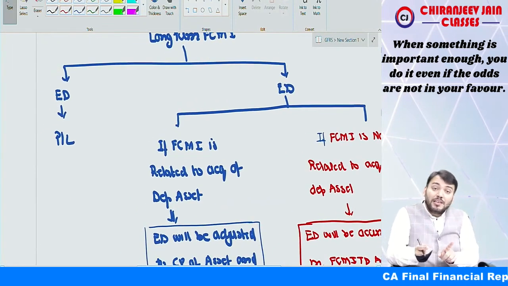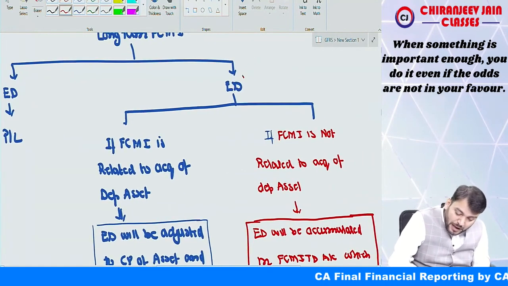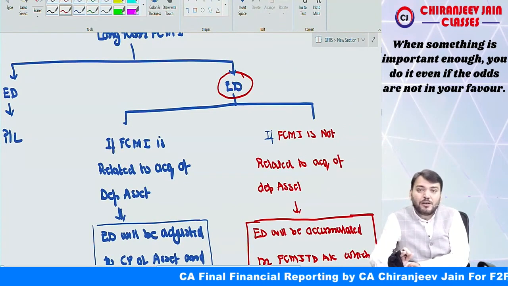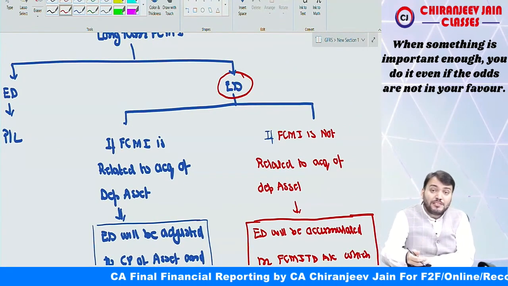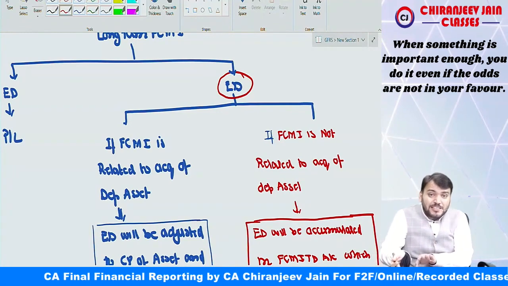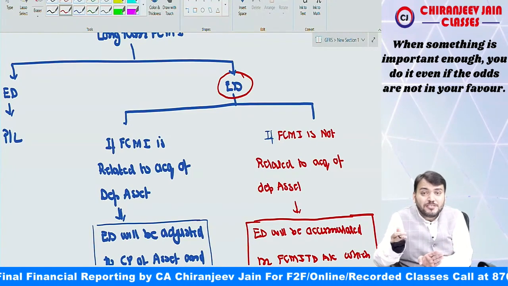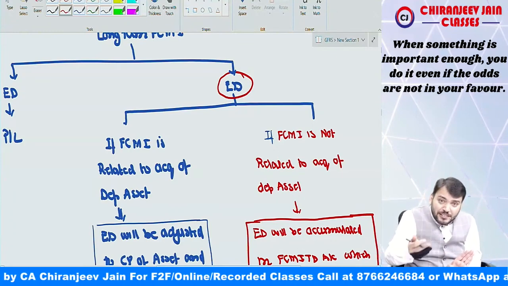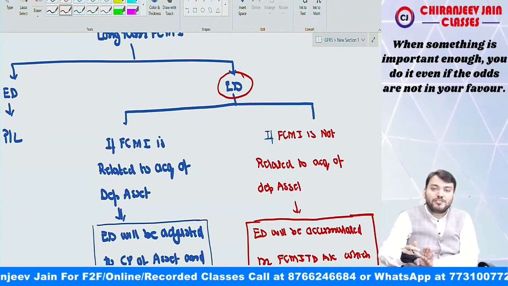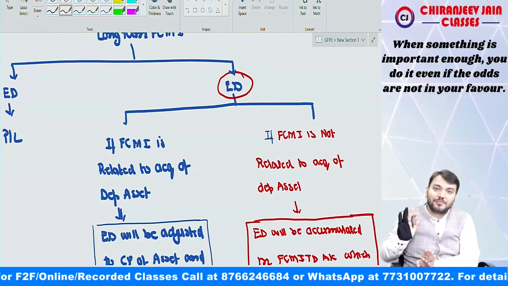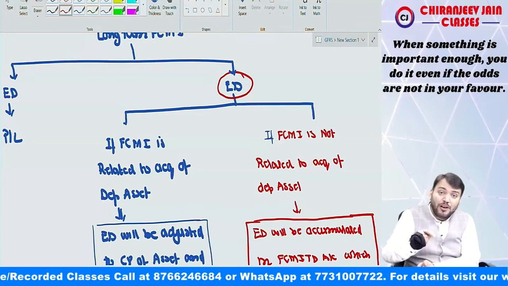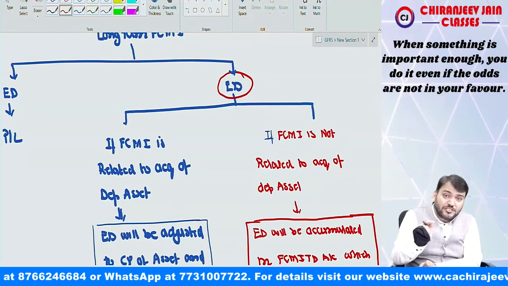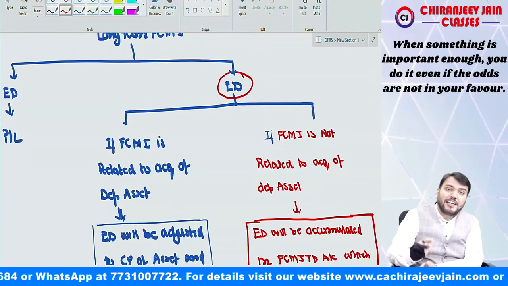Correct? Now, if they have availed this option, means if they have availed this treatment, such accounting policy can be followed on the date of transition. Are you getting? Means an entity which has availed the option of not transferring the exchange difference on long-term foreign currency monetary items to P&L immediately may follow the same accounting policy even though they have adopted Ind AS, but they can follow this accounting policy only for those foreign currency monetary items which were existing on the date of transition and for which such option was exercised.